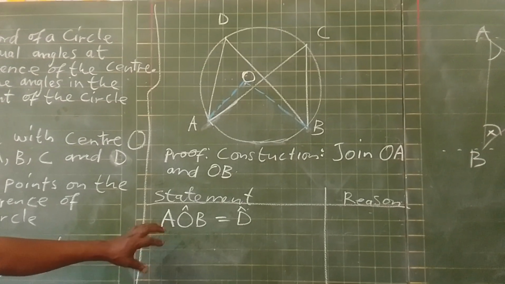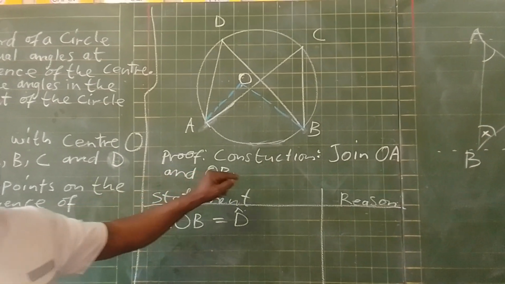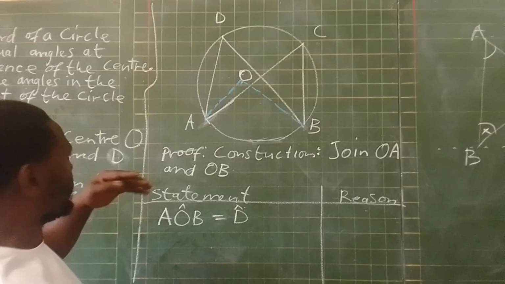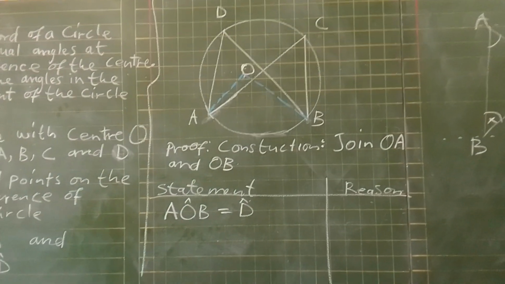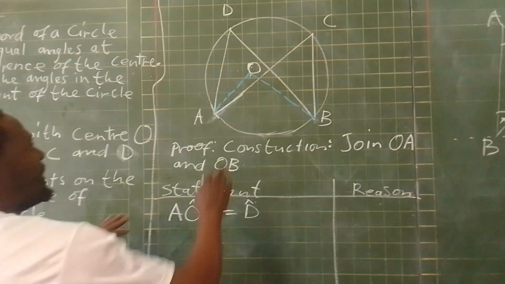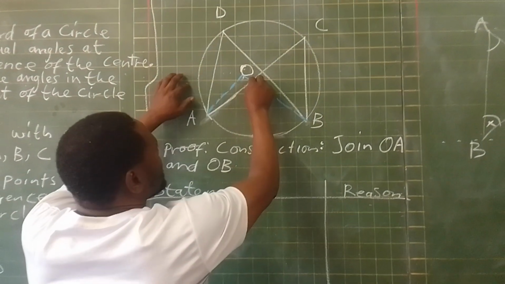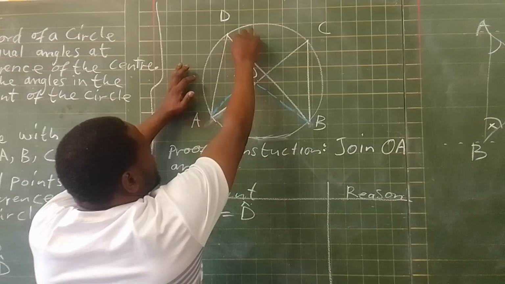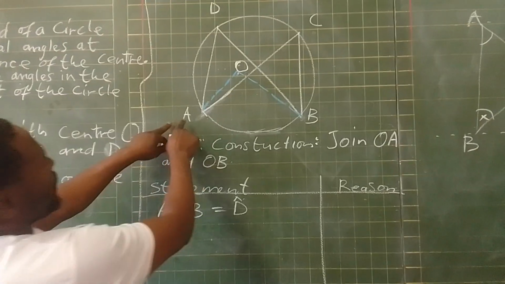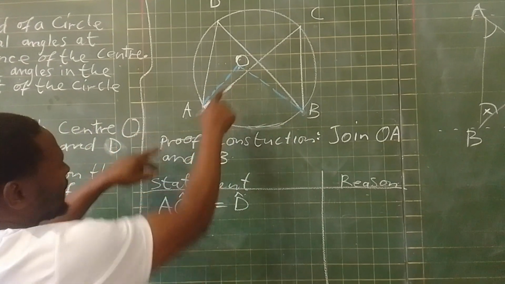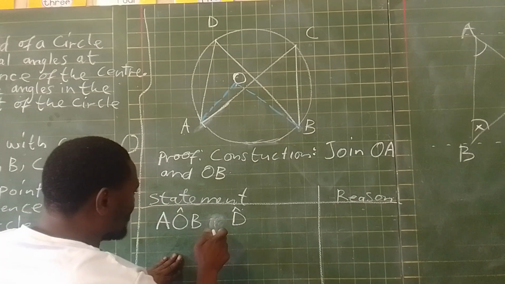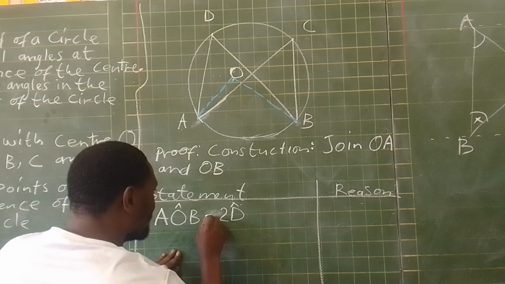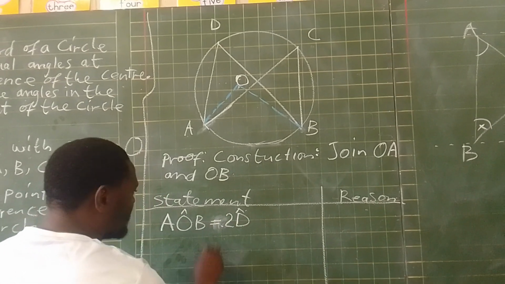Remember, in theorem 2, we used that the angle at the center is twice the angle at the circumference. So AOB here is the angle at the center, which is equal to twice the angle at the circumference.